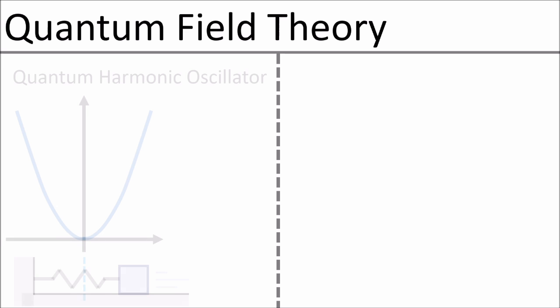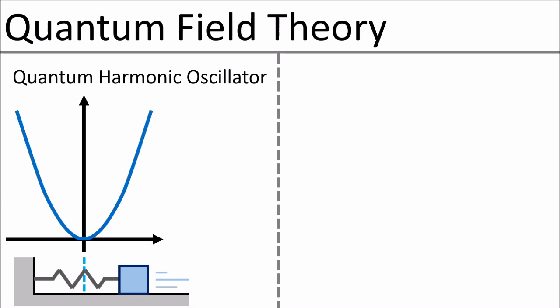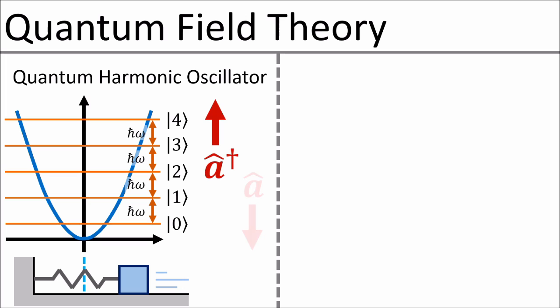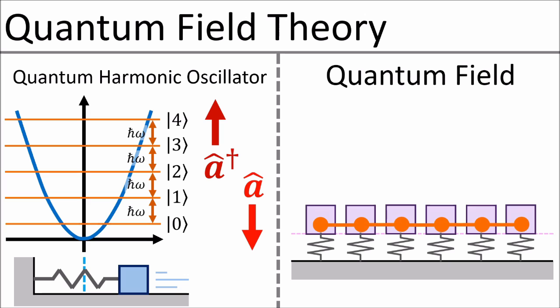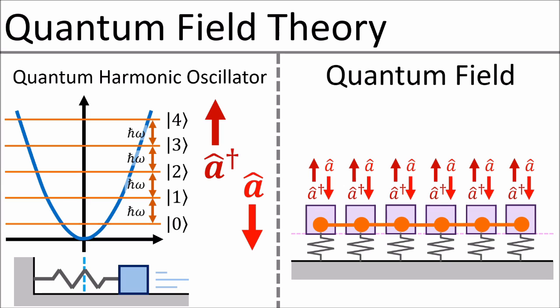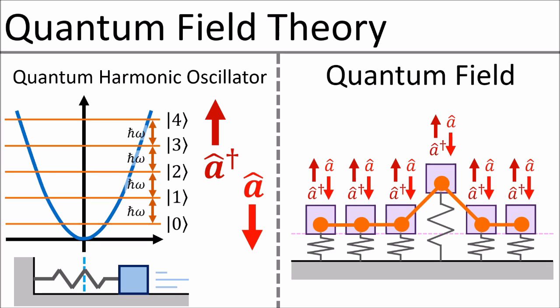Instead, we're going to take some inspiration from the quantum harmonic oscillator and its raising and lowering operators. We're going to imagine a whole field of quantum oscillators, each with their own ladder operators. And when we excite one of these oscillators, that is the same thing as creating a particle at that location in the field.